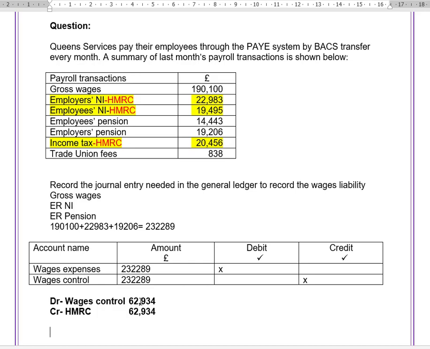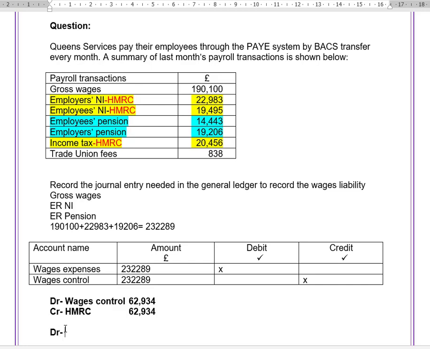Then you also have the pension company. You may have to establish the liability to the pension company. The pension company will be paid those two elements. I will use a different color to represent that. Those two, employees' pension and employers' pension, will be paid to the pension company.